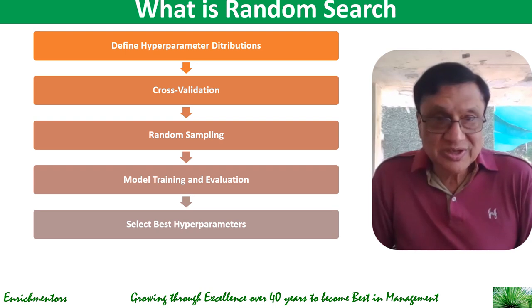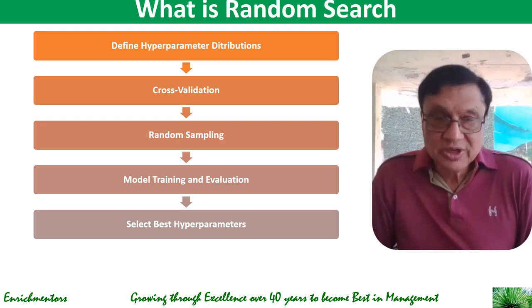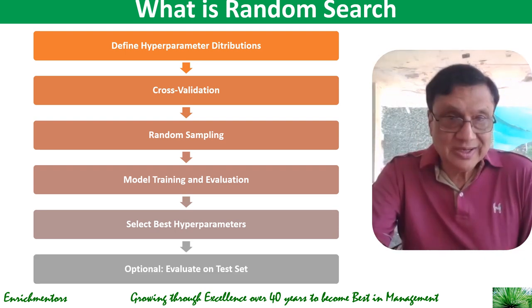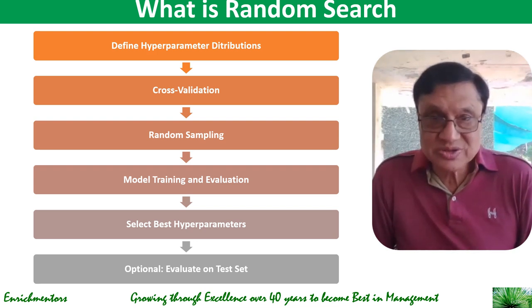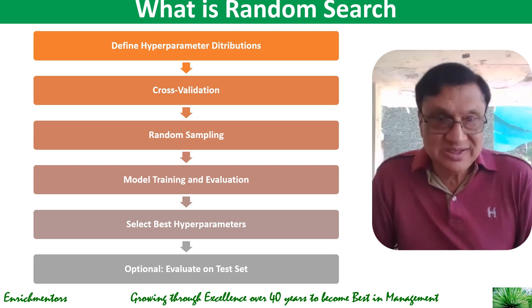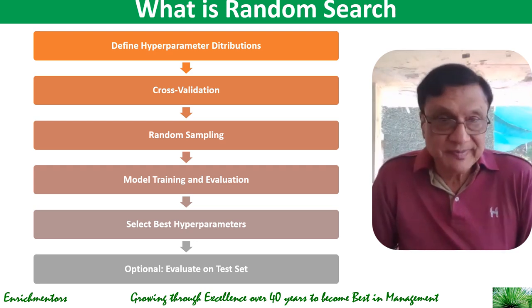This combination represents the optimal hyperparameters for the model based on the training and validation sets. You can optionally evaluate again on the test set. You can do this with the selected hyperparameters on a separate test set to estimate the performance on unseen data, and this helps ensure that the selected hyperparameters generalize well to new data.